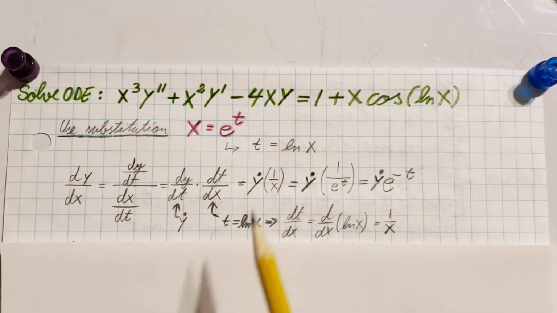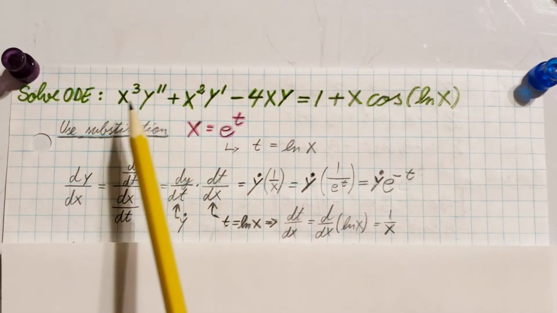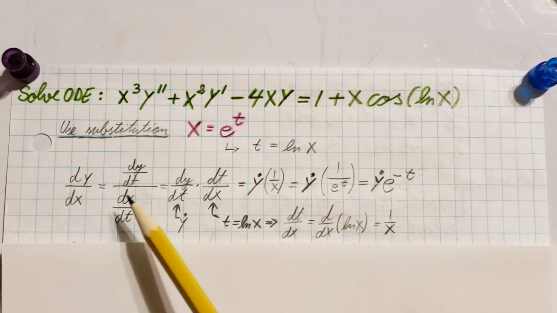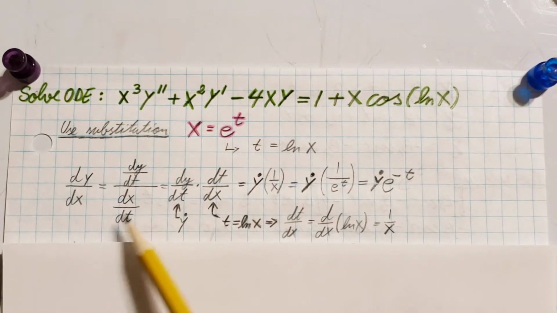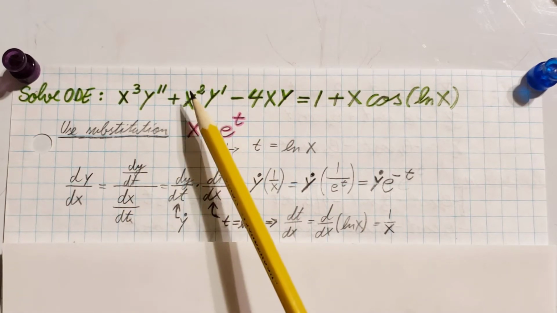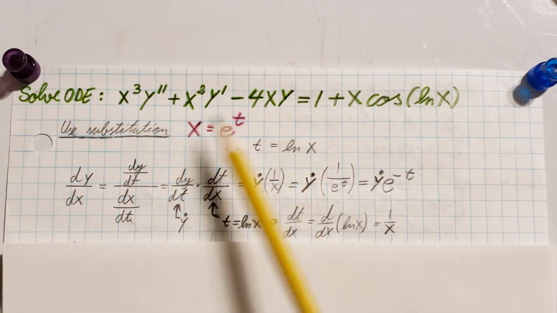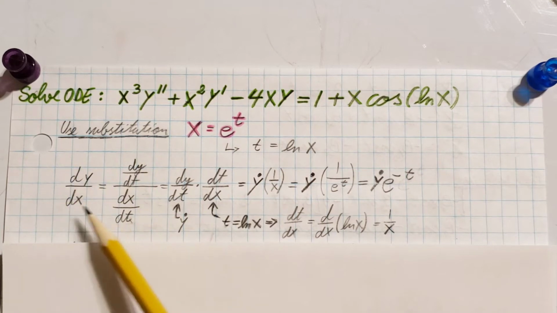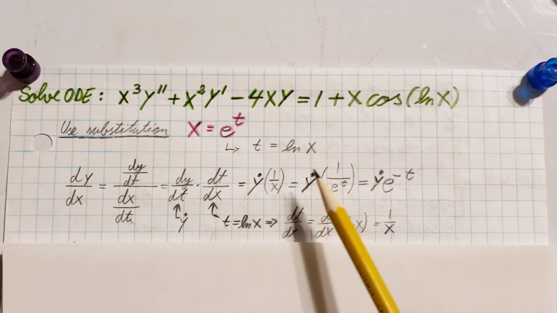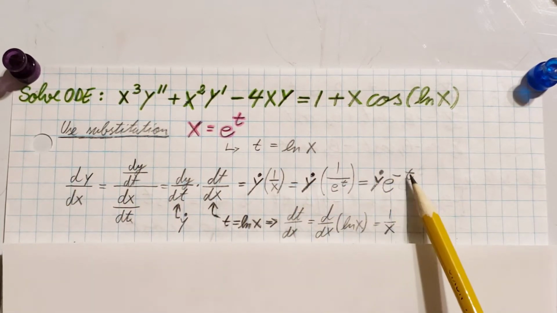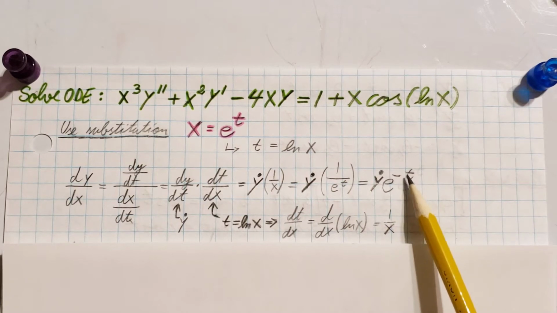Since we're turning this whole equation into an equation in the variable t, there are no more x's. We have to end up with something that has only t in it.